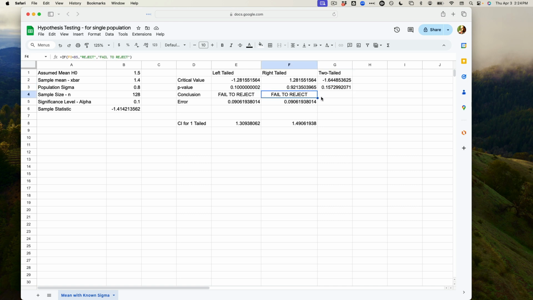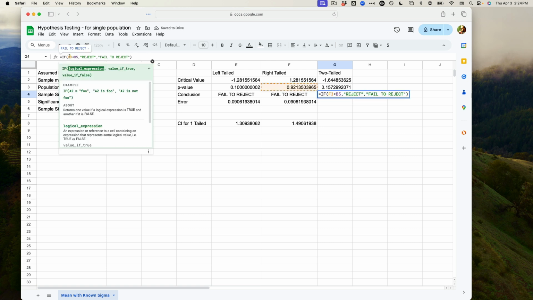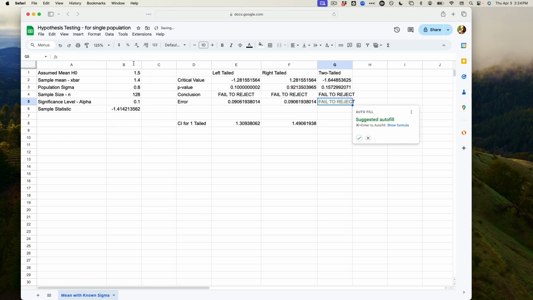And finally, I just copy this, whether we fail to reject or reject. I'm just going to copy it. Okay, and instead of F3, it's going to be G3. So now if my p-value is less than my significance level, I reject. If it's greater, I fail to reject. Okay? I fail to reject.